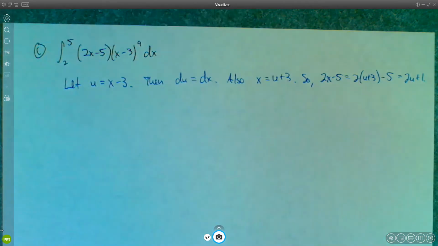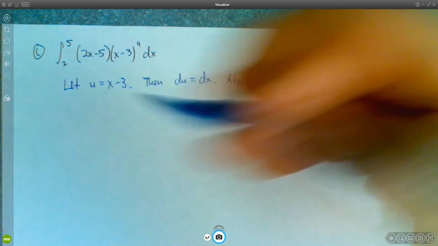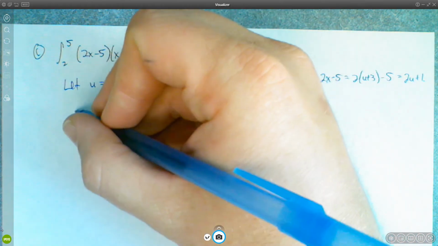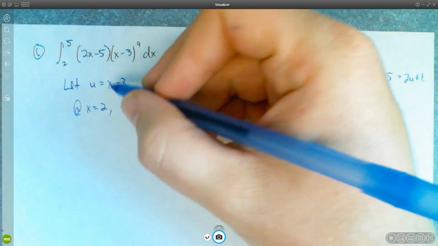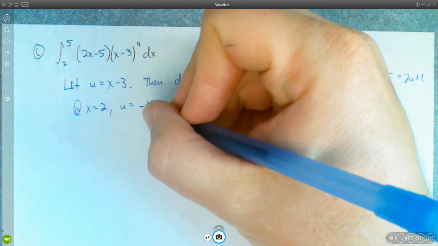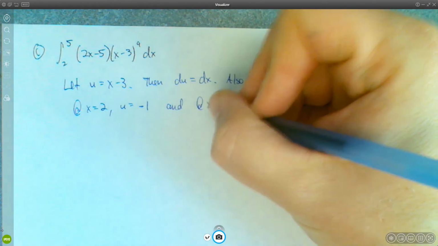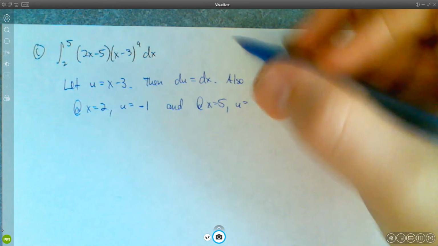So that'll get rid of all of my x's. Now my limits of integration. If u equals x minus 3, then at x equals 2, u equals 2 minus 3, which is negative 1, and at x equals 5, u equals 5 minus 3, which is 2.